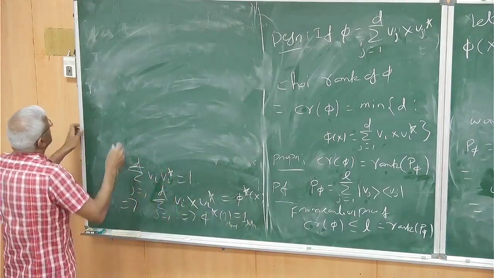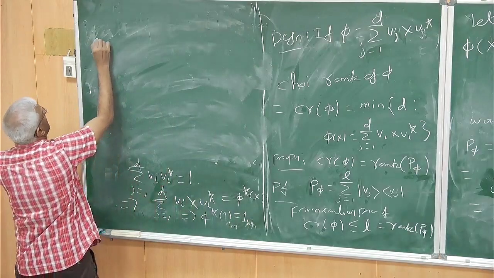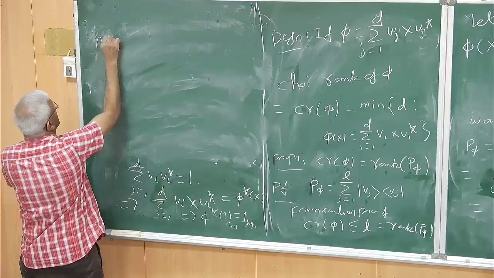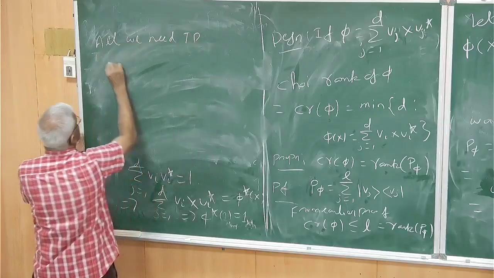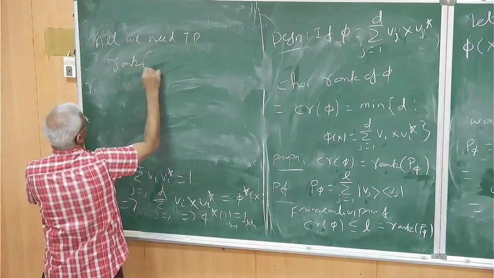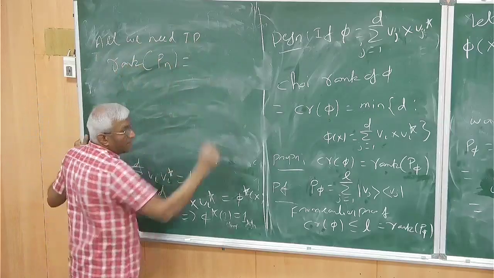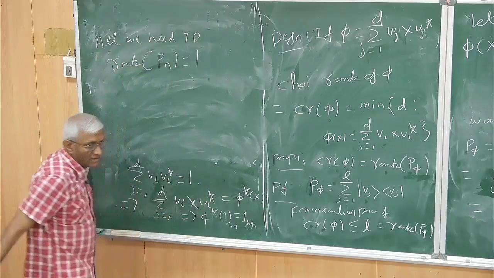I confused a lot, I'm sorry. Now all we need to prove is that the rank of this Pn, not P phi, is 1.